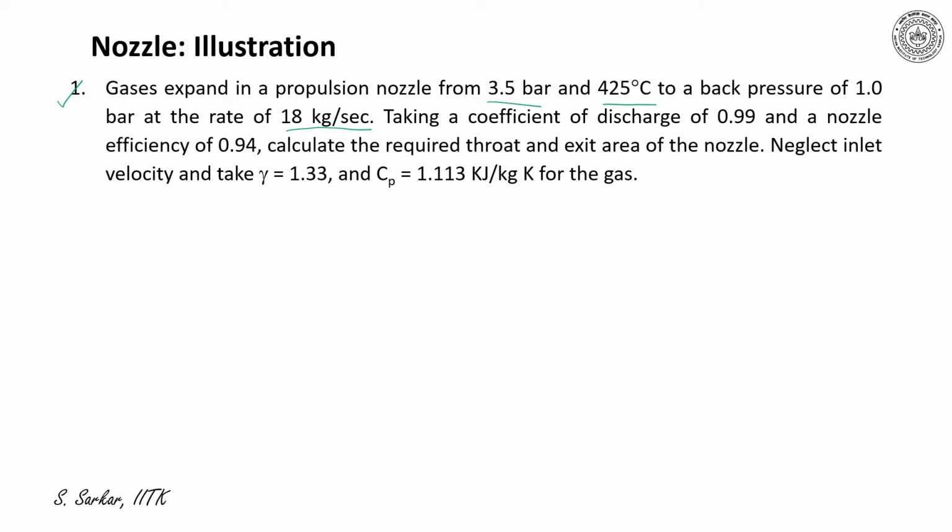Taking the coefficient of discharge of 0.99 and a nozzle efficiency of 0.94, calculate the required throat and exit area of the nozzle. Neglect inlet velocity, take gamma equal to 1.33 and Cp equal to 1.113 kilojoule per kg per K for the gas.